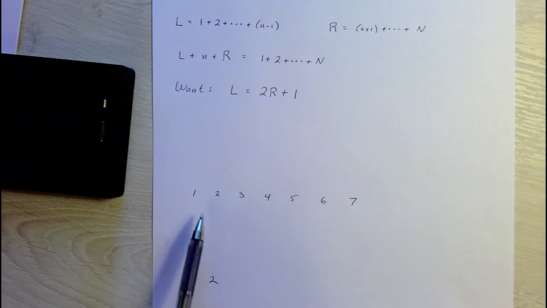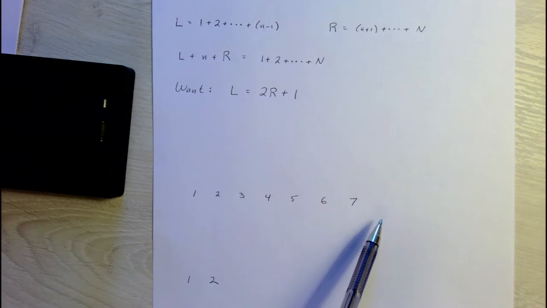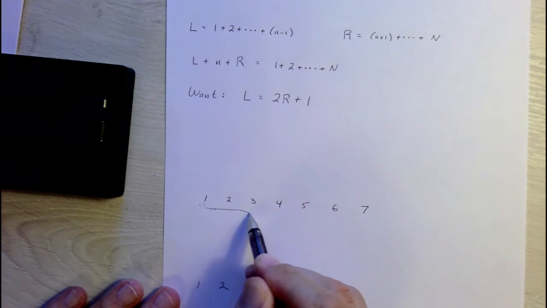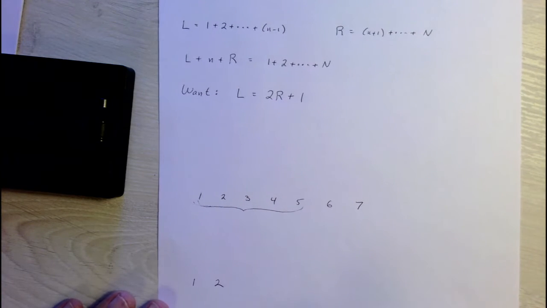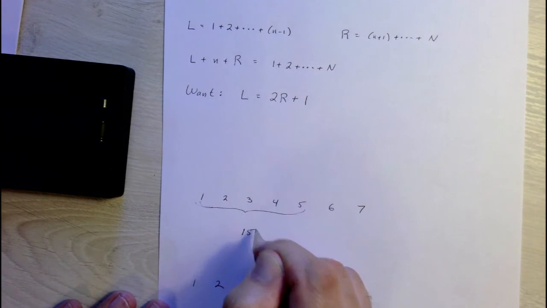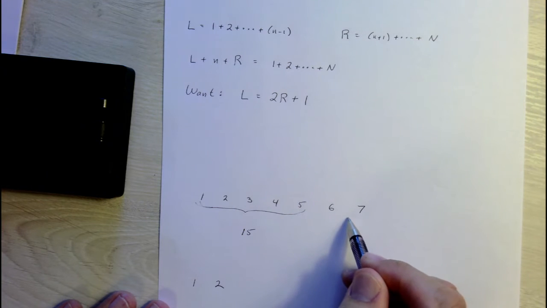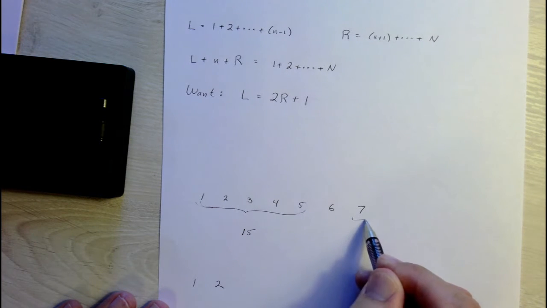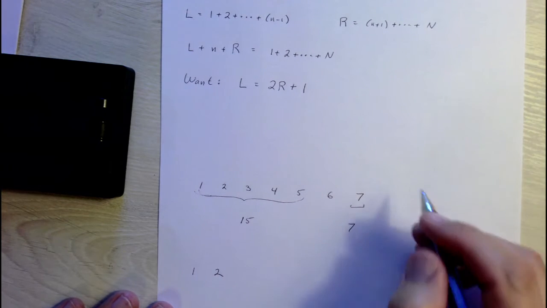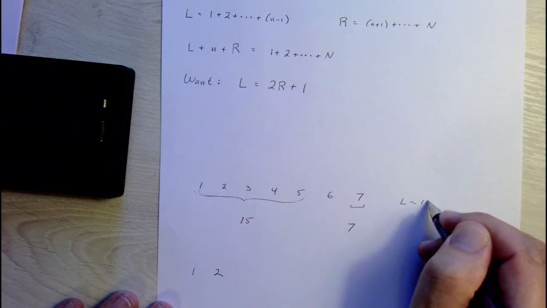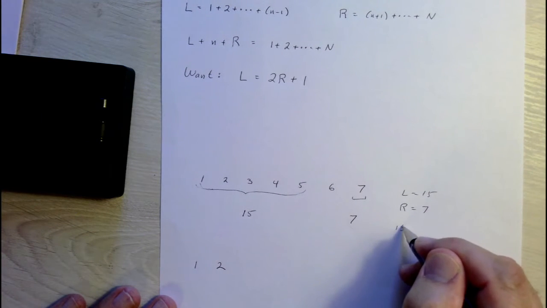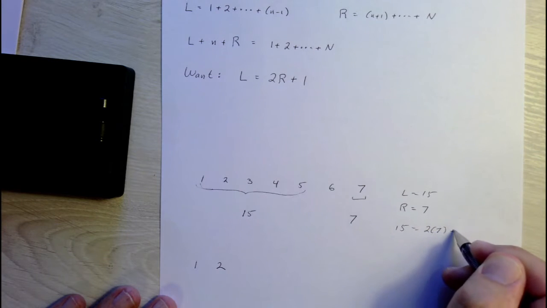In fact, if we only have 7 houses on the street, if we add up the first 5 numbers, 1 plus 2 plus 3 plus 4 plus 5, that sum is 15. And if we skip house number 6 and just look at 7, that sum is 7. This is a case where L equals 15 and R equals 7. And sure enough, 15 is 2 times 7 plus 1.